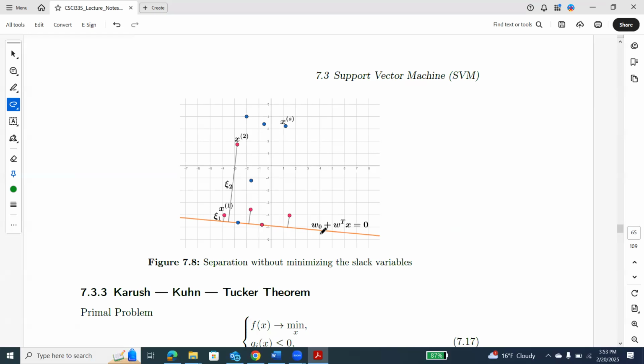The dot product is greater than 1 minus c, but it's not a good classification. So to avoid these large c values, we will force this c to be small.